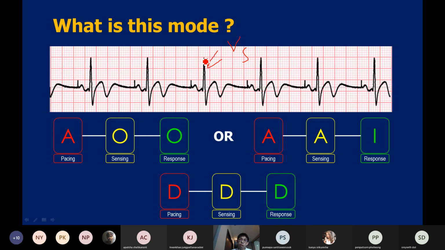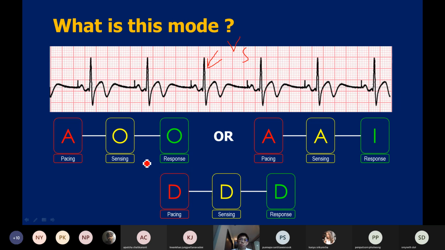and there is an intrinsic ventricular rhythm, so the V can sense. There must be a lead in the ventricular channel. If there is a lead in the ventricular channel, it also can pace.